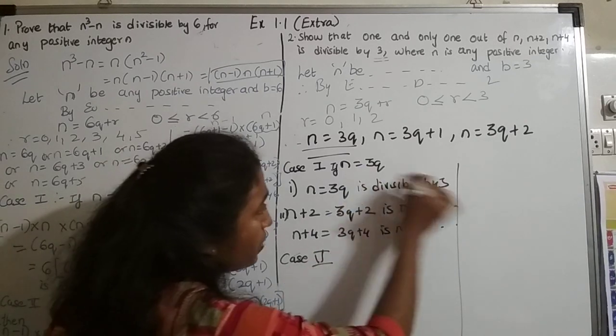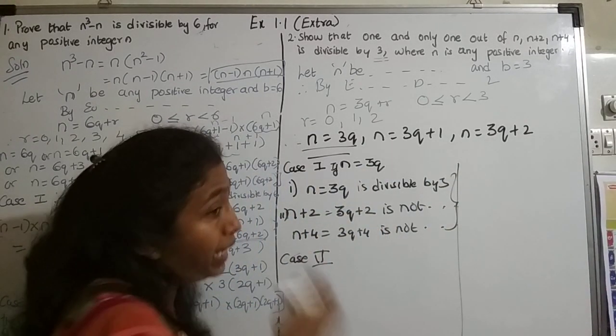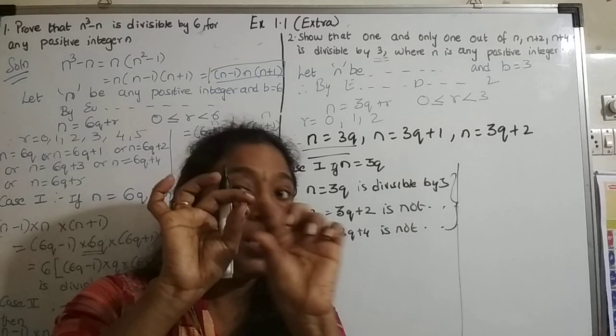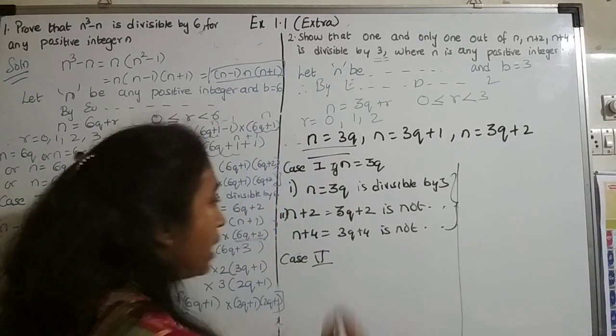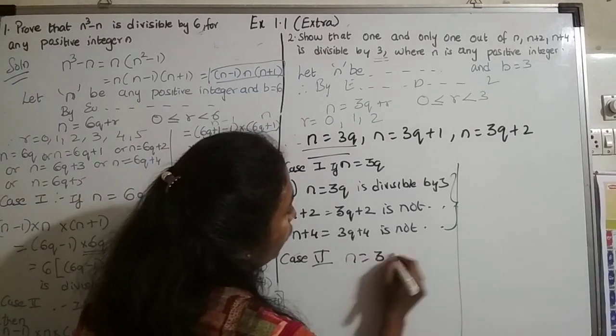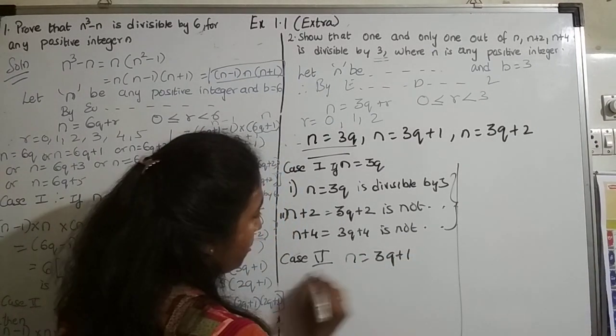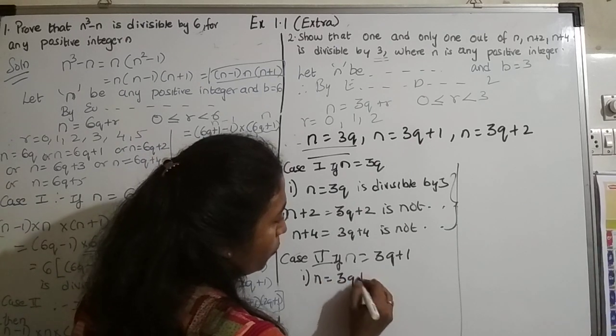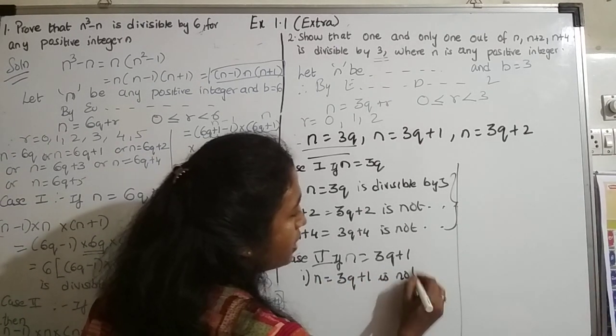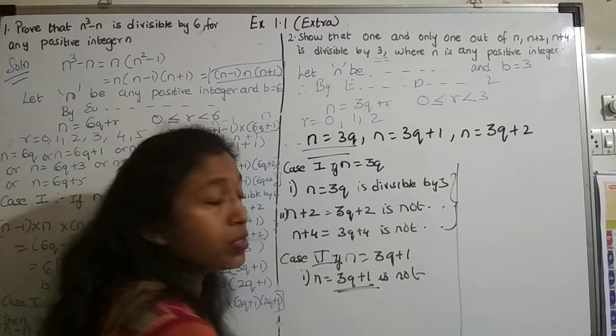So from case 1, you must have understood that among n, n plus 2, n plus 4, only one number is divisible by 3. Case 2, when n equal to 3q plus 1. Is n divisible? Not divisible, I cannot write it in the form of 3 into something.